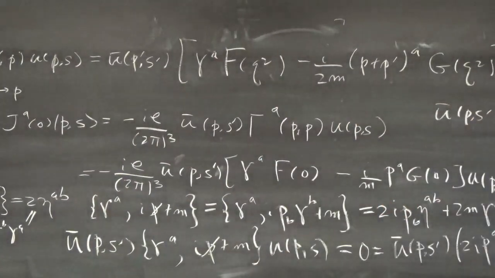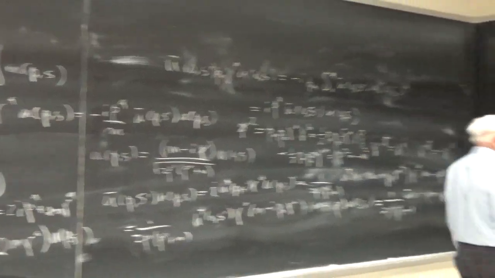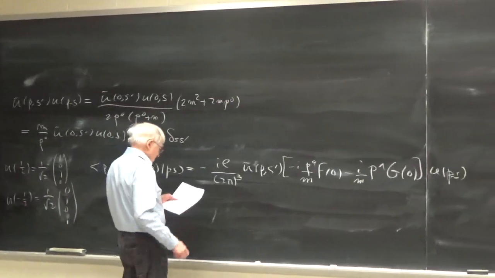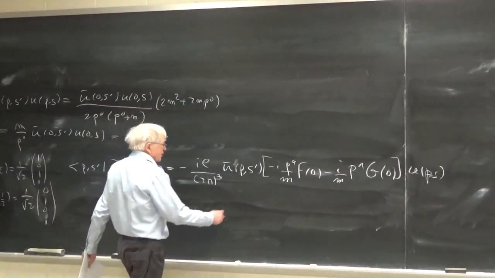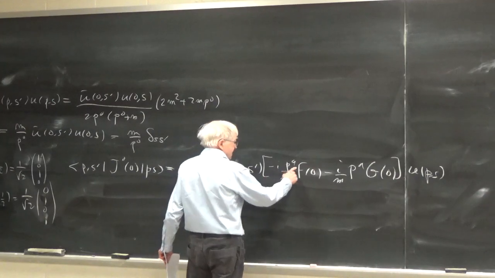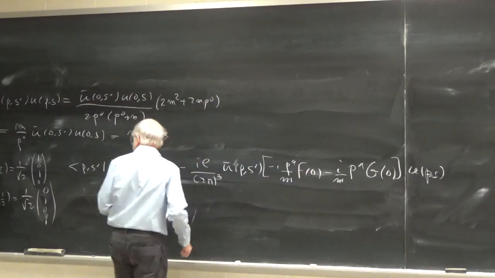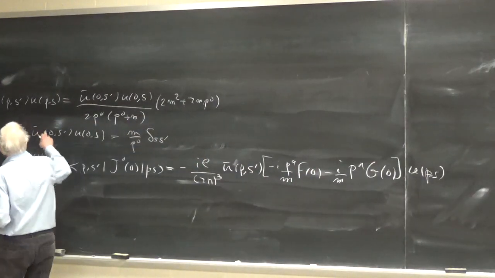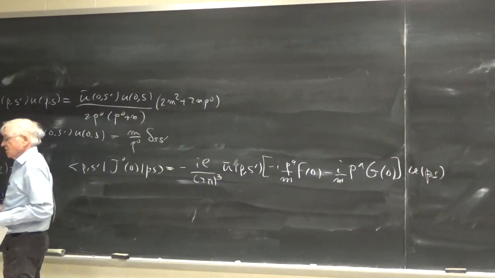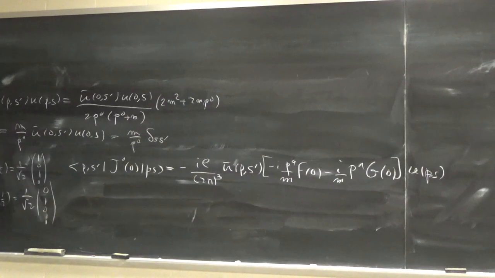I'm just recopying the same equation, but now we've evaluated what P A is between these spinors, namely using this equation and this equation and so forth.